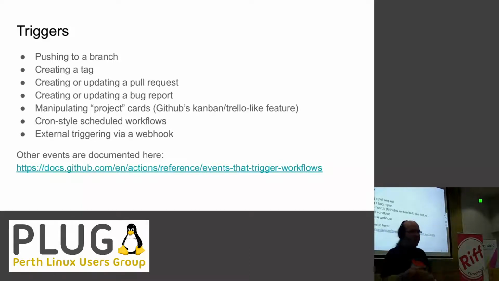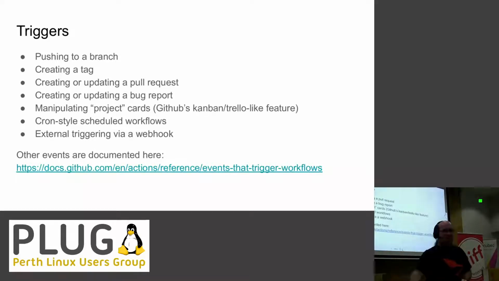Those are definitely not the only types of triggers you can have. So you can run a workflow when someone pushes up a tag to the repository, whenever someone creates or updates a bug report on the repository. If you use GitHub's Kanban system, which they call projects, you can also trigger workflows based on that.